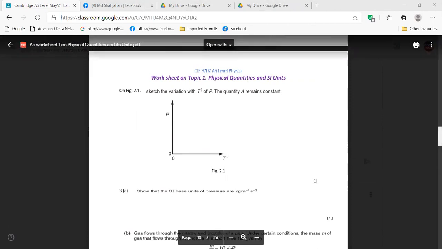No, sir. So they are asking us what will be the shape of this one. This is the shape I have drawn. Why will it be like that? Sir, what is T square? So I'm drawing it again.